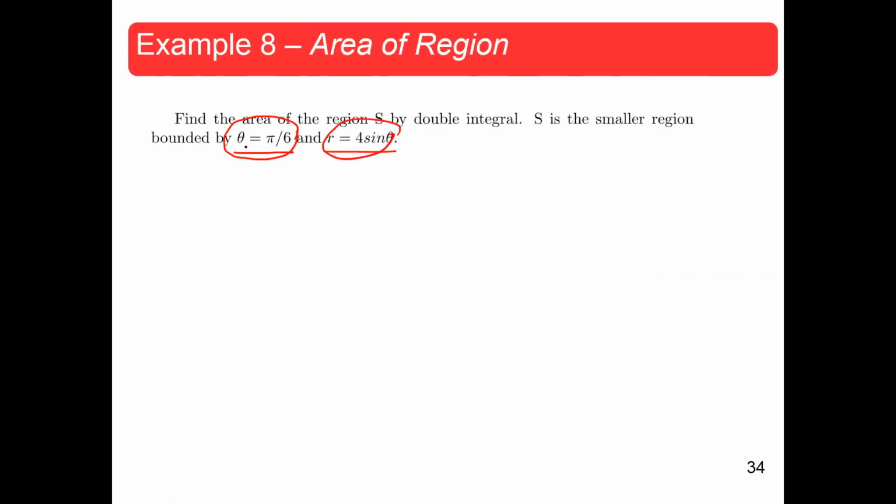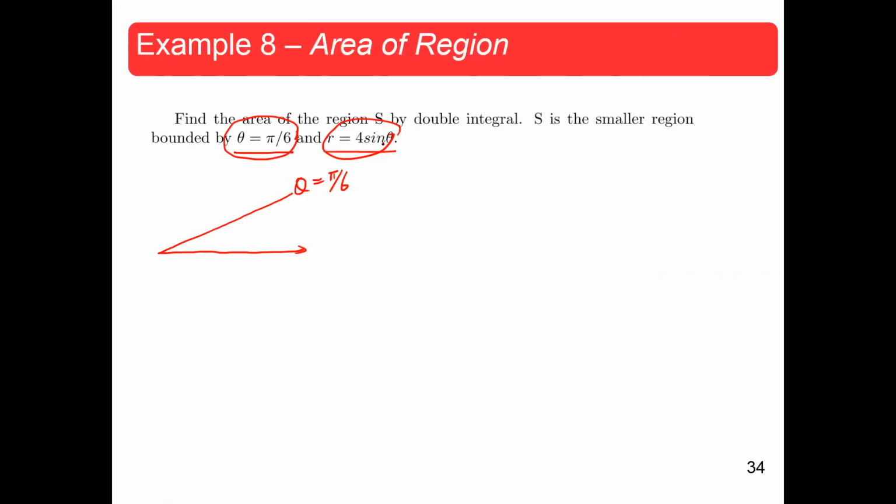The first graph, theta equals pi/6, is relatively easy to sketch. It's just going to be a straight line, because angle theta is pi/6, so that's almost 30 degrees. This is going to be theta equals pi/6. The second graph we need to sketch is r equals 4 sine theta.